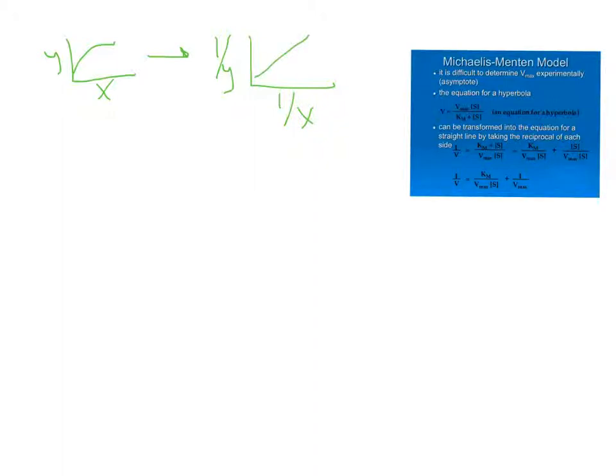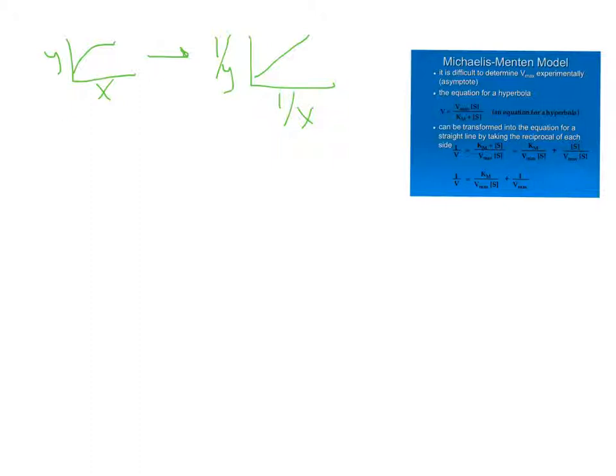Okay. And so they used to always try to make linear, they would try to linearize the data. And so they would linearize Michaelis-Menten, and there's actually 2 or 3 different ways. One's called the Eadie-Hofstee, but the most famous is called Lineweaver-Burk.